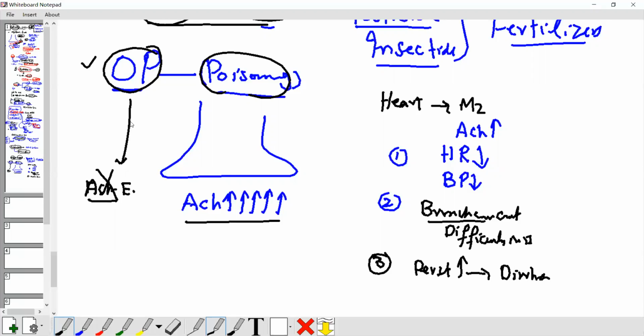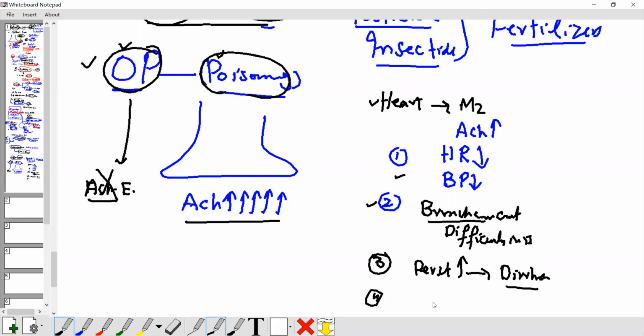The patient has organophosphate poisoning. Heart rate decreases, blood pressure decreases, difficulty in breathing, peristalsis increases, diarrhea. What happens with the urinary bladder?